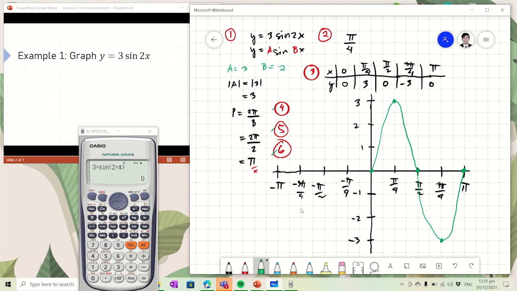So, you just have to follow the same pattern. 0, 0, then next naman, negative 3. Sunod naman, 0 ulit. Sunod naman, 3. And then 0 ulit. And then smooth curve. Oops, parang mali dito na part.